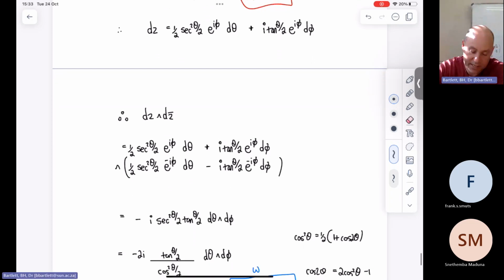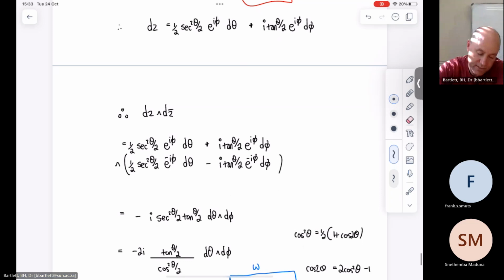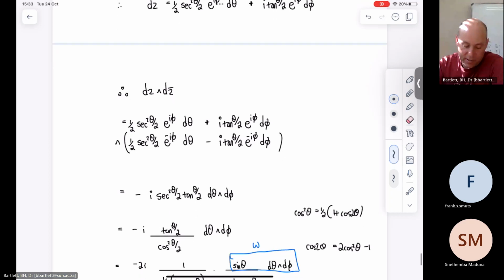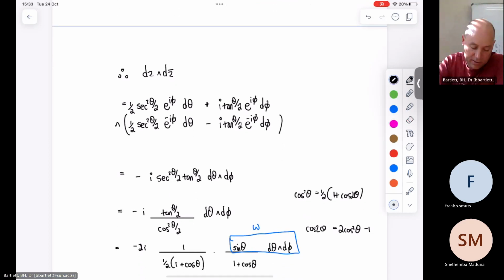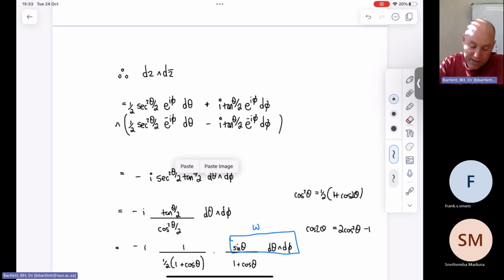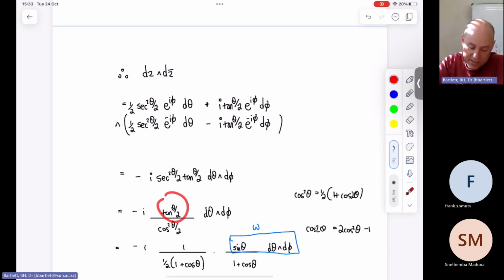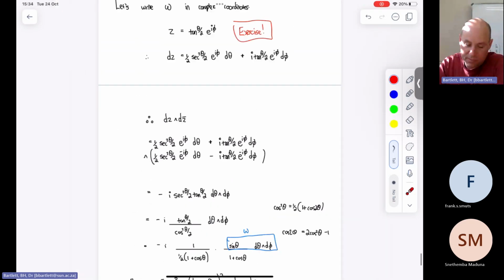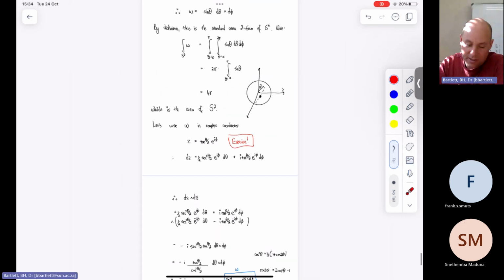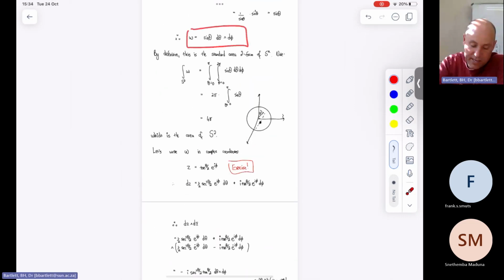And of course, I can write it like this, because sec squared is 1 over cos squared. On the other hand, I've got this half angle formula for tan, so I can write tan as sine over 1 plus cos. And now I recognize this little section here as being my two-form omega, my fundamental form. I calculated omega earlier. Here it is here. Right now I'm calculating dz wedge dz bar, because I want to phrase things in terms of dz wedge dz bar.